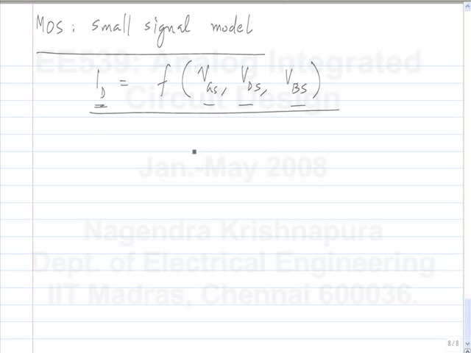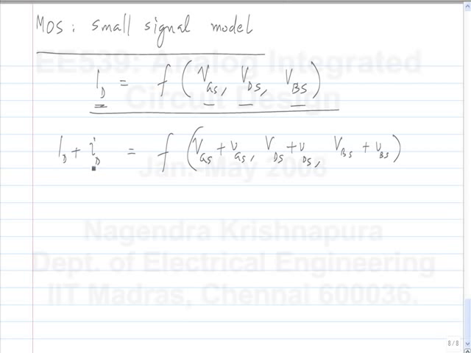Now, let us say I apply increments in the applied bias voltages. I get a different current, which can be thought of as an increment over the first current.